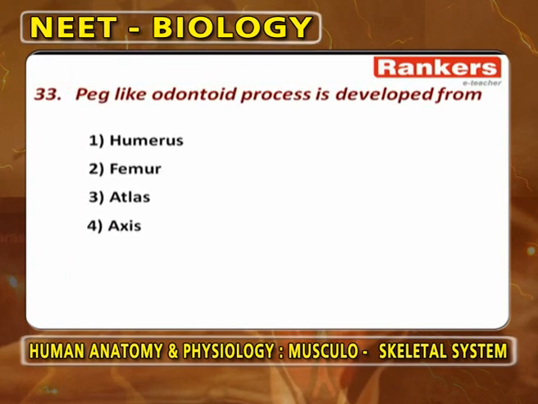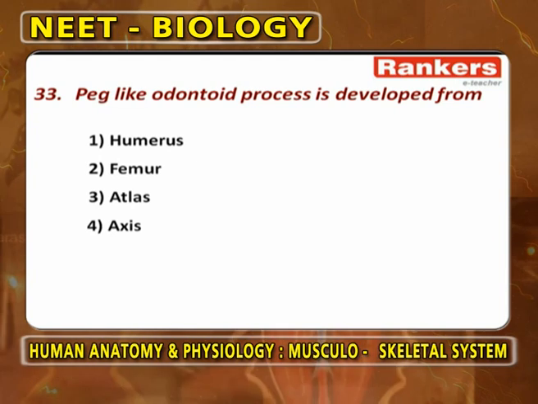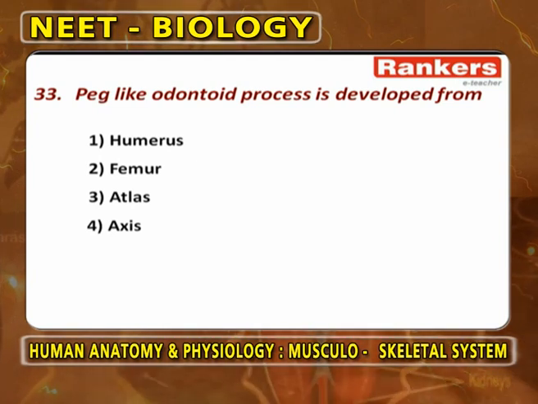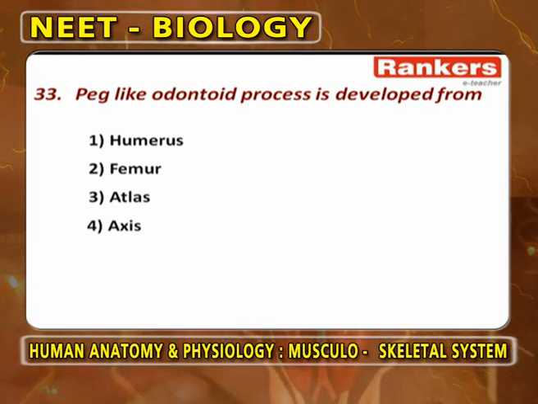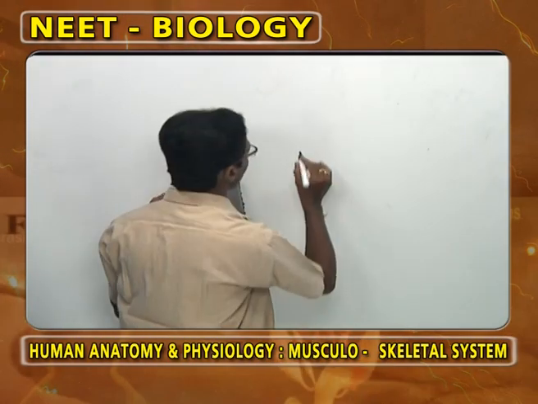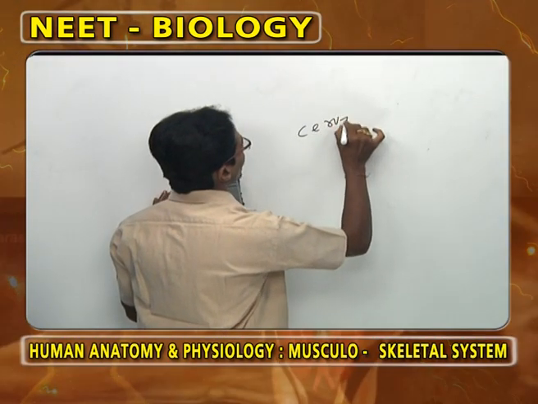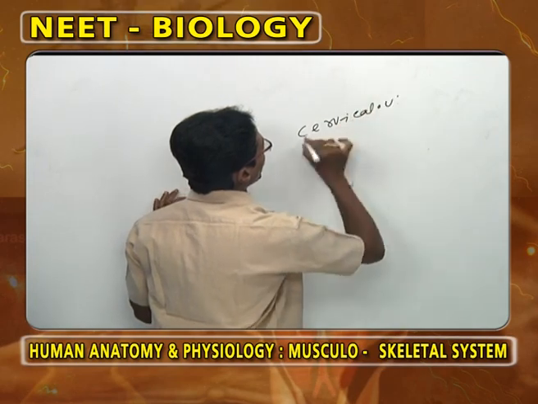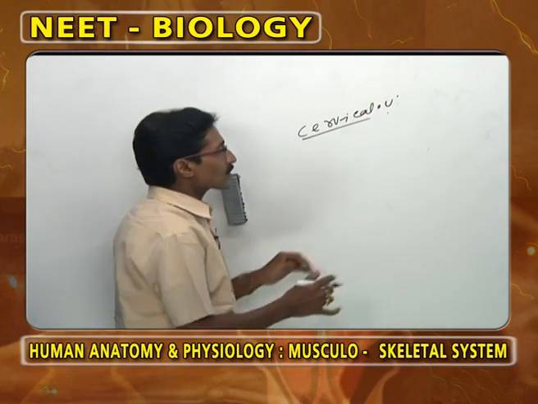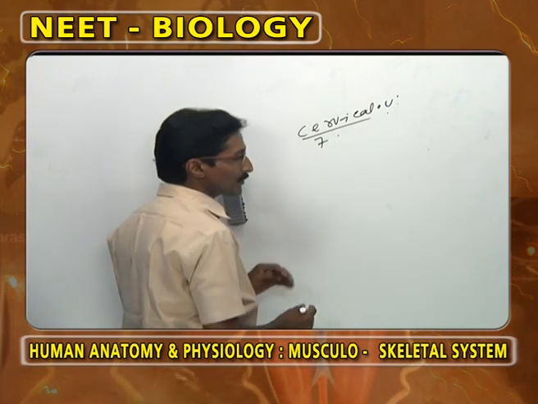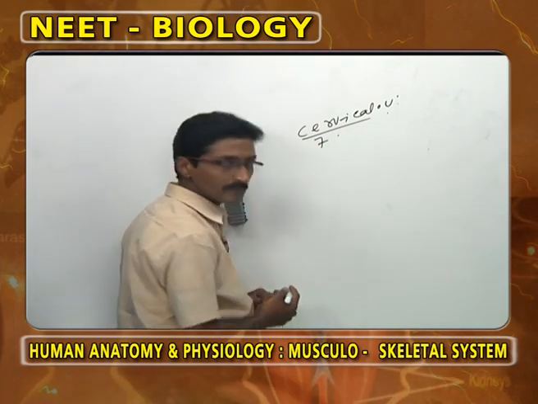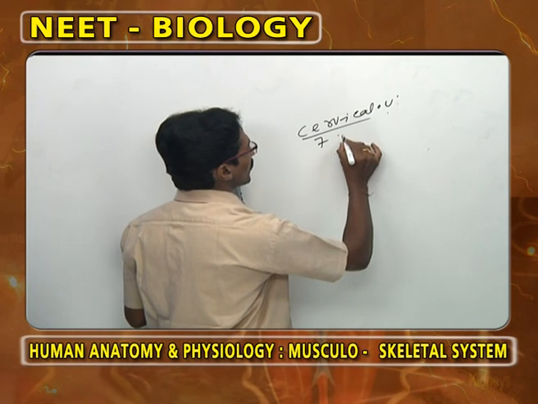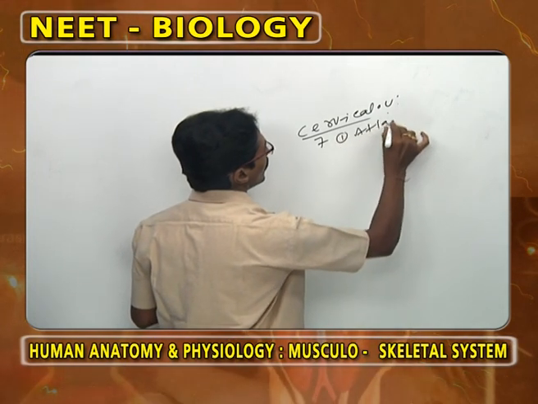Peg-like odontoid process is developed from. Now as we observe the neck region, the vertebrae are called cervical vertebrae. In almost all mammals, how many cervical vertebrae are in the neck region? 7. The first cervical vertebra is called atlas.